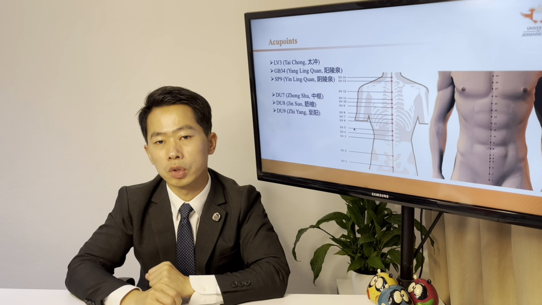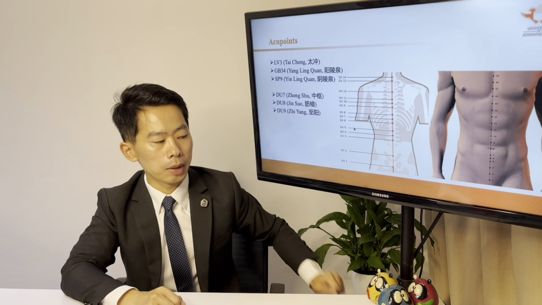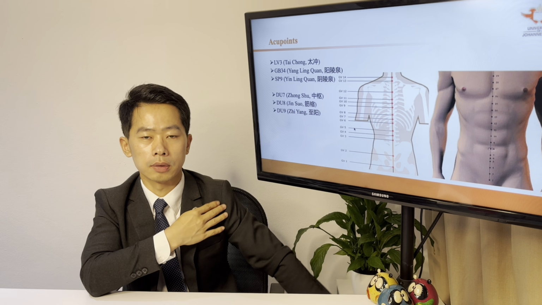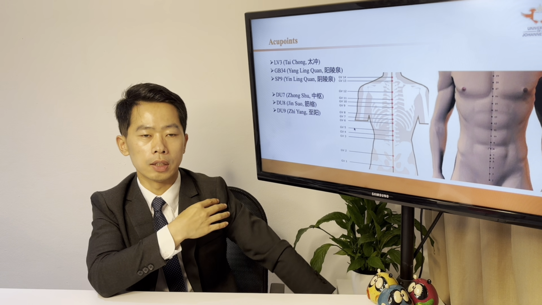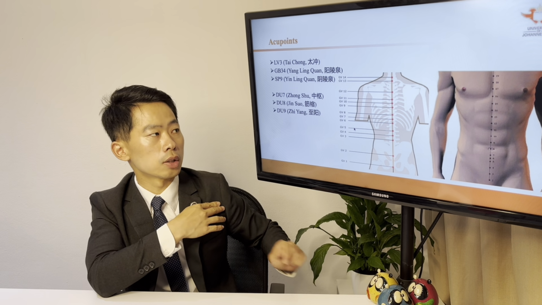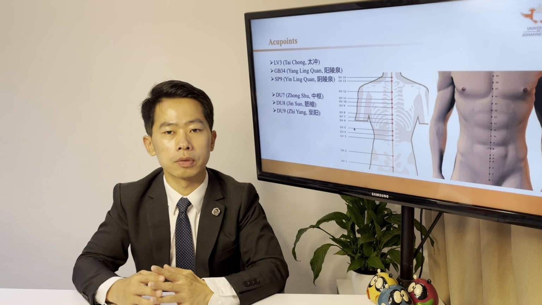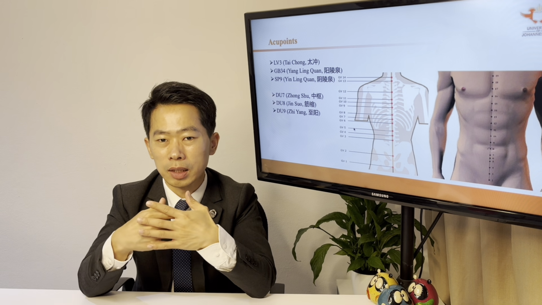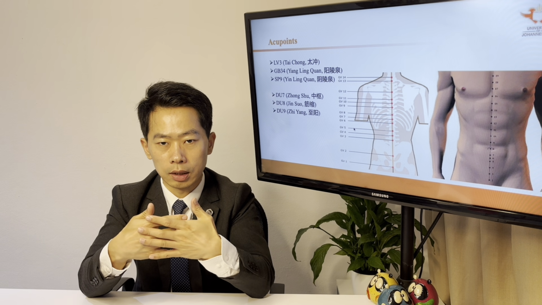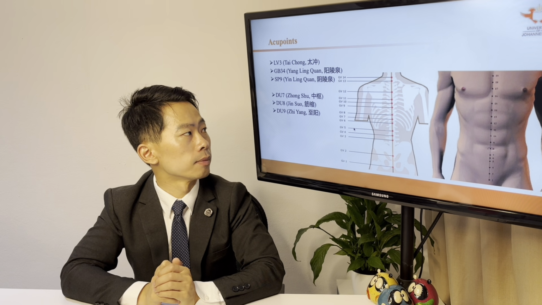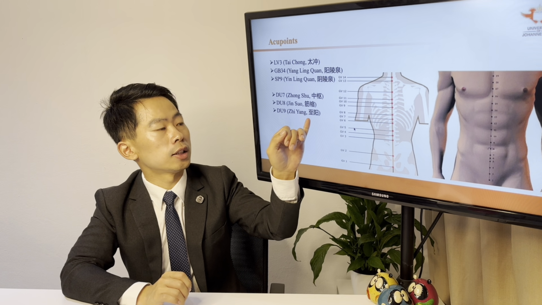For example, with frozen shoulder, the patient can't move up, can't open the shoulder, and has limited movement. In this situation you can use Du 8 筋缩, because this point can be used for contraction of the ligament. When the ligaments contract together, you can't move. So that's Du 8.